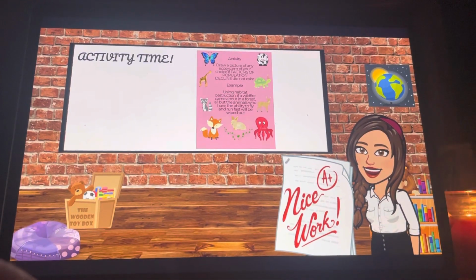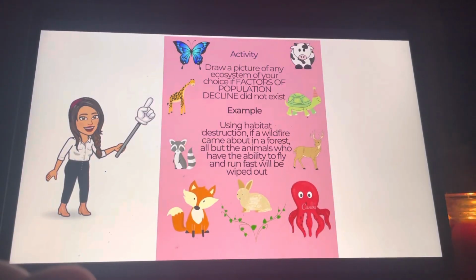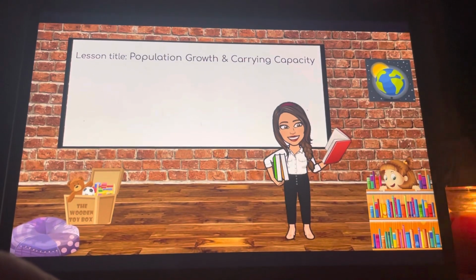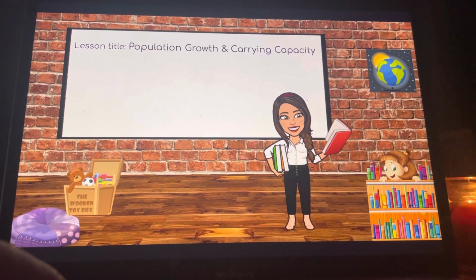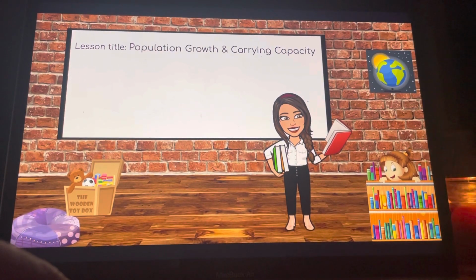You have an example at the very bottom, and you're going to have time to finish that. But again, now that the time is up, we will have an end of the day reflection.